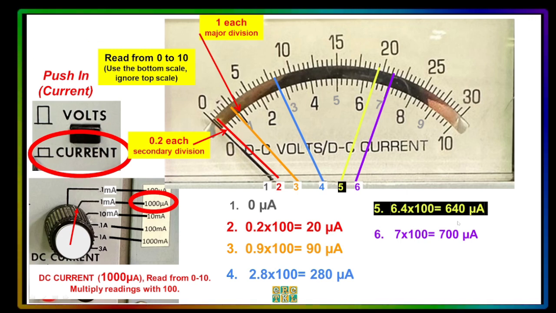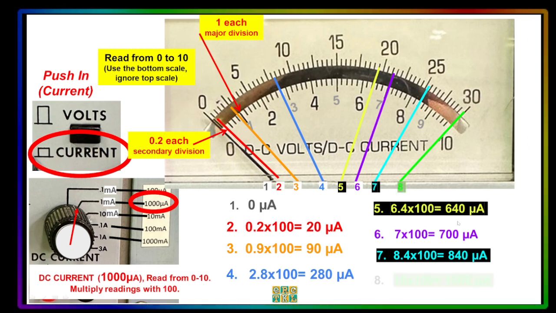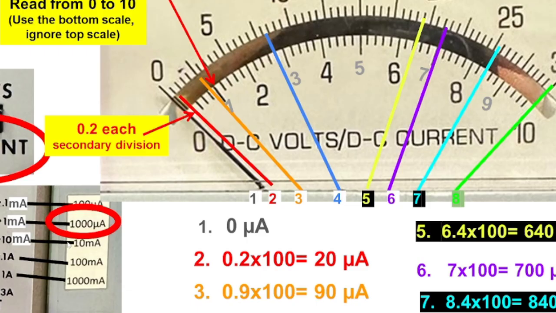The next one is 7 multiplied with 100, 700 microamperes. Number 7 is 8.4 multiplied to 100, 840 microamperes. And finally, 10 multiplied to 100, that will be 1000 microamperes, which is exactly the limit for our chosen selection here, which is 1000. I hope that's clear.